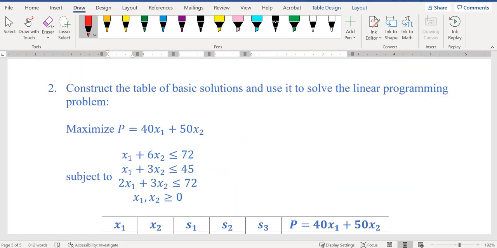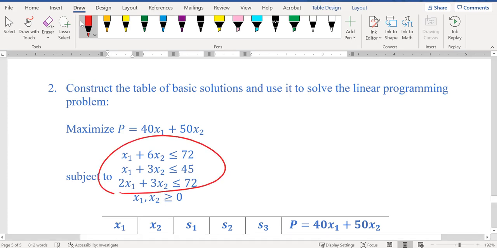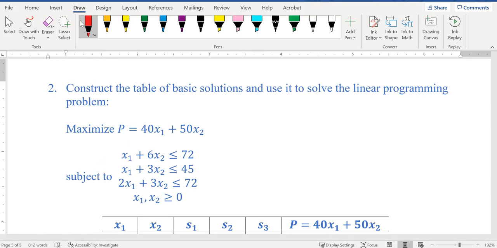All right, example number 2. I'm just going to set everything up, and then I'm going to give you the table, and you tell me the answer. We want to maximize, subject to, this time we have 3 constraints. So our M will equal 3. Keep that in mind.